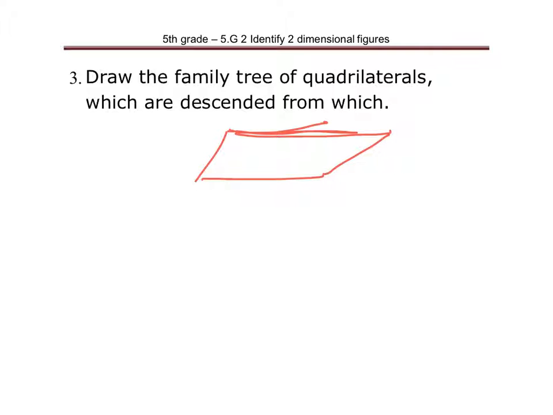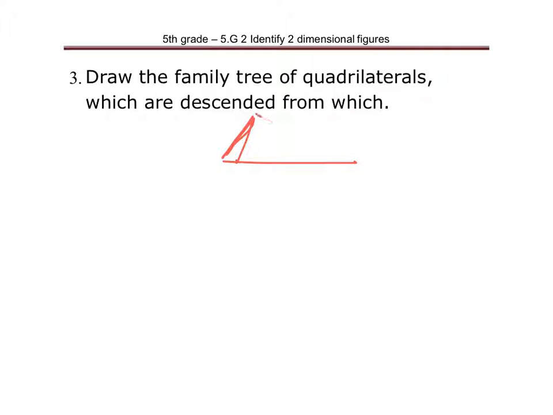So let's say that even that one might have some parallel sides. We want to draw one that has no parallel sides. We'll start with a base, go at an angle from the base, and then we won't go parallel to it, and then we'll come back. There we go. That is a quadrilateral with no special characteristics.